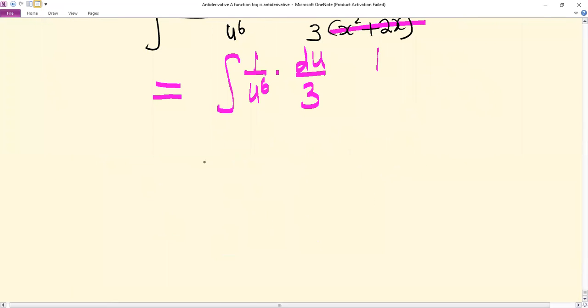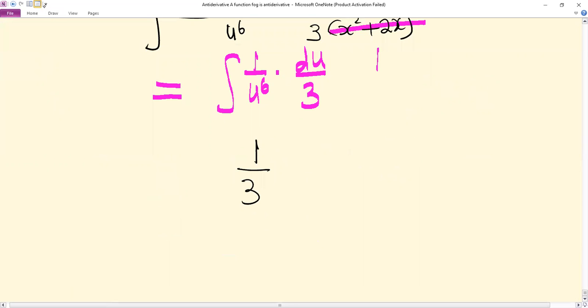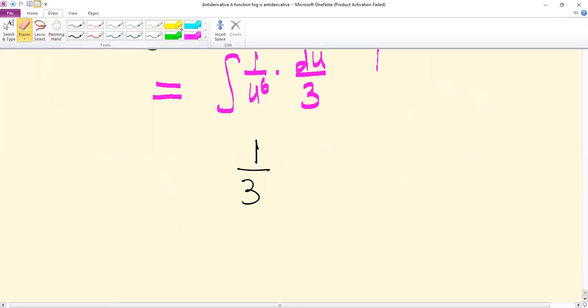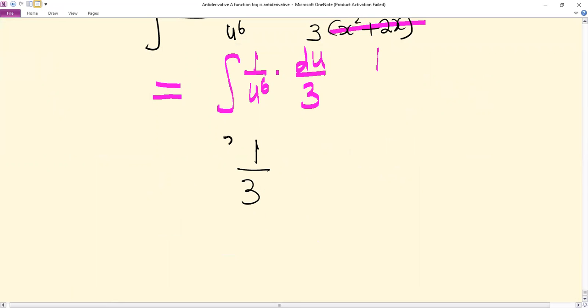So the next step will be, this equals to factor out the third, and then 1 over u power 6 can be written as u raised power minus 6. Those are laws of indices. So this is a third integral of u power minus 6 du.